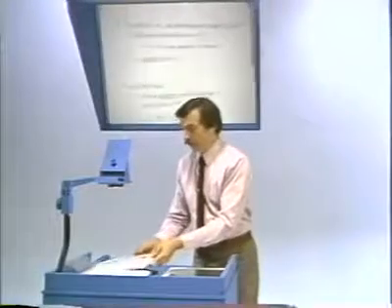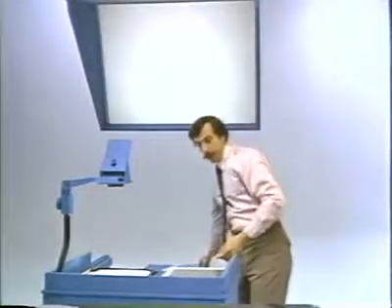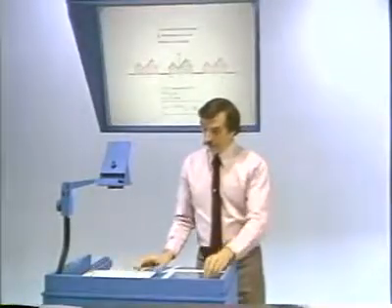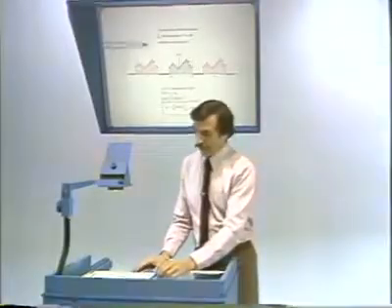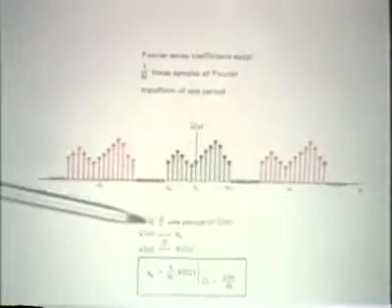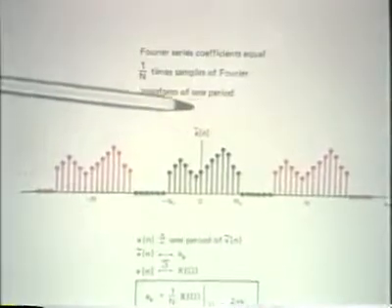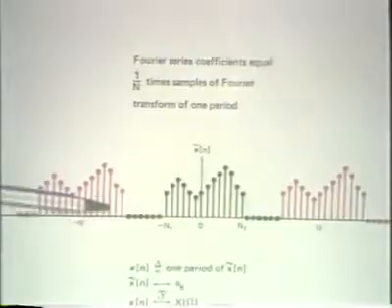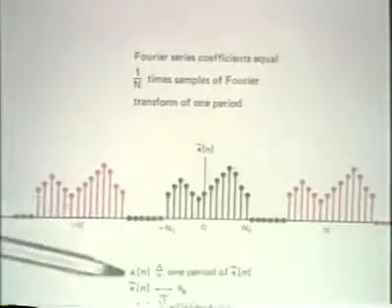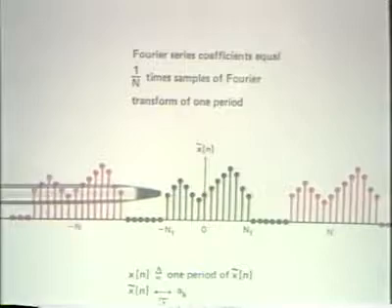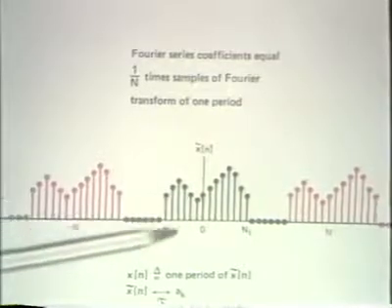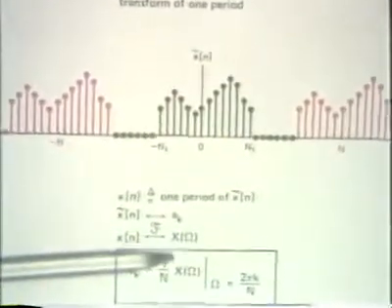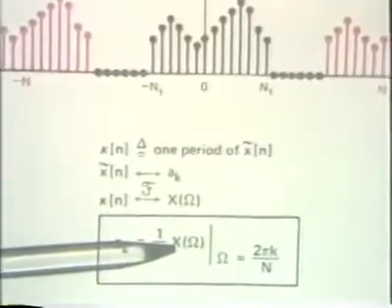So once again, if we have a periodic signal and we consider the Fourier transform of one period, the Fourier series coefficients of this periodic signal are in fact samples, as stated mathematically in the bottom equation, of the Fourier transform of one period.